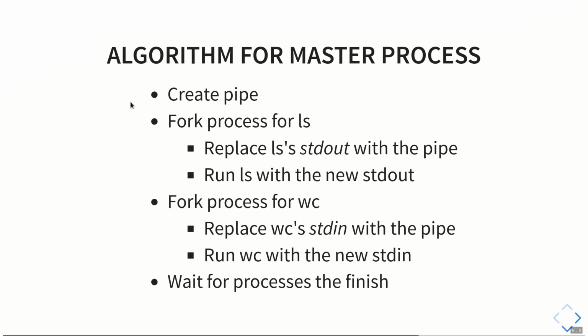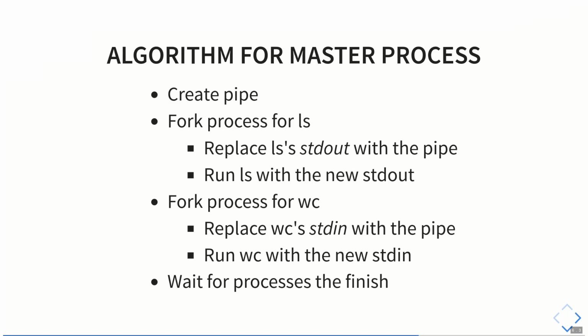So if you have this bash process or this master process, the parent process, create a pipe, and now your parent process has these two new files that you can read and write to. But in order to redirect data between two other processes, we need to create those processes. So say we're piping ls to wc, word count.